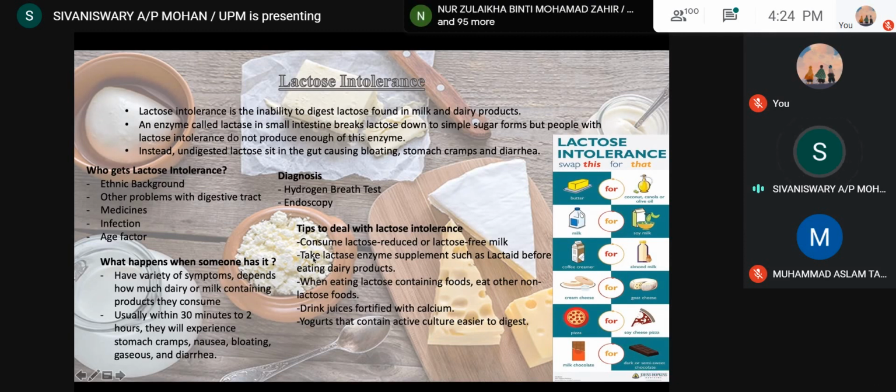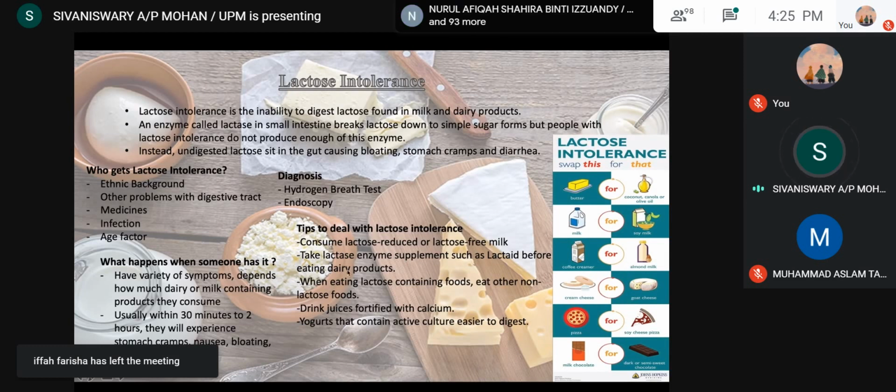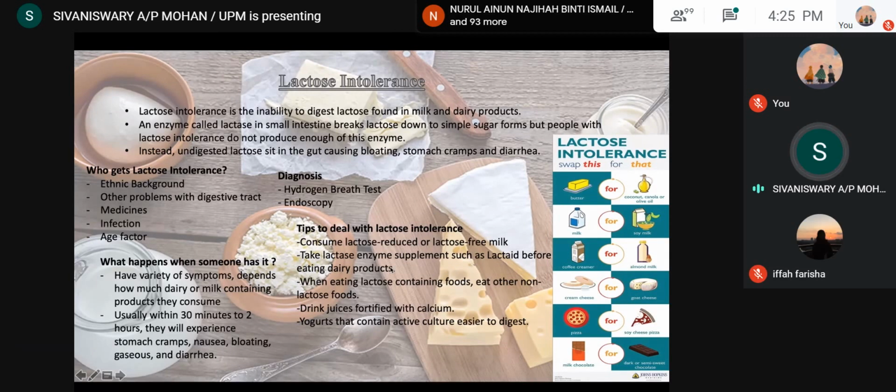Moreover, people with lactose intolerance can take a lactase enzyme supplement before eating dairy products. In Malaysia, there's a lactase enzyme supplement in the brand of Nature's Way.